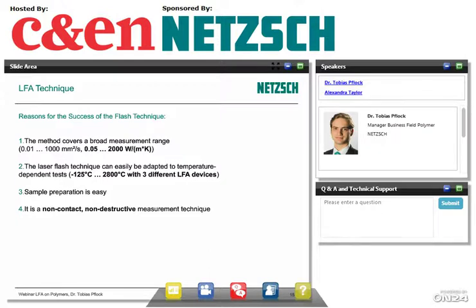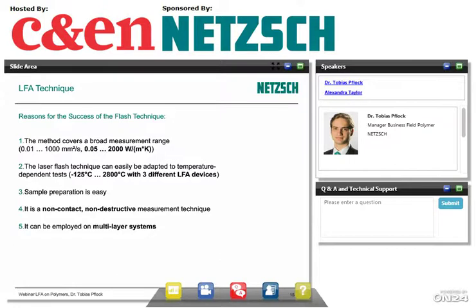Sometimes I see that people point out there are devices that have a very high energy, so they always point out they have the highest energy to shoot on their samples. That's actually what I do not want. I just want high enough signals so I get a response at my detector, to be non-influencing on my material, and then I also get the best results for the LFA.